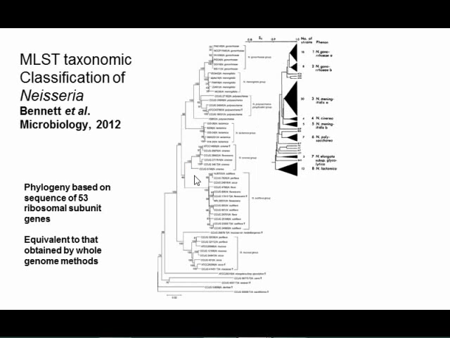Okay, so this is a study on Neisseria again from a different team. 20 years later, the same group of bacteria. This time it's phylogeny based on sequencing of ribosomal subunit genes, RNA and proteins. And they also did whole genome sequencing on a number of their samples and showed that their classification was not changed by taking into account more genes.